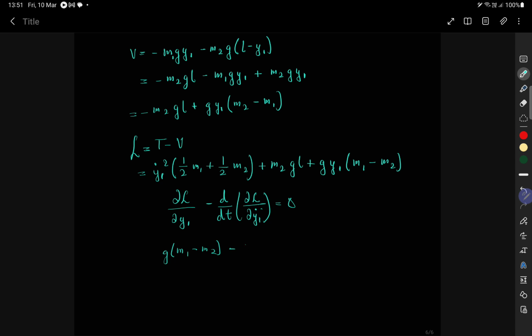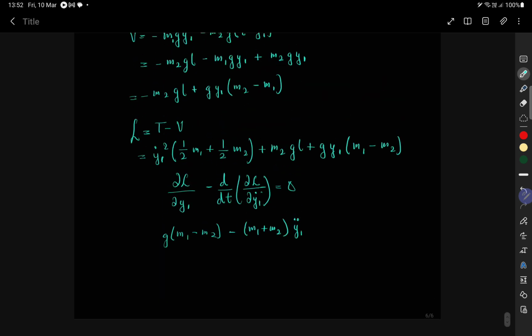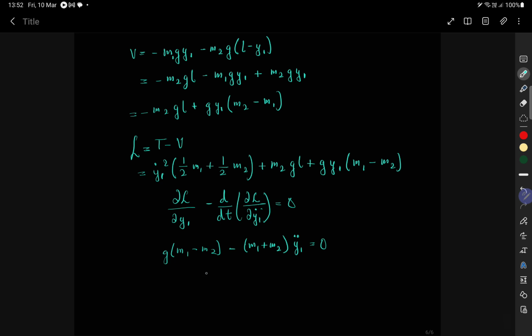So you get m1 plus m2, because times 2, I hope you guys remember that, and y1 double dot, because the partial derivative in terms of y1 dot would be m1 plus m2 times y1 dot, and since m1 and m2 are constants, the derivative of that in terms of time should be y1 double dot times m1 plus m2, and this should equal 0, giving you y1 double dot as m1 minus m2 times g over m1 plus m2.